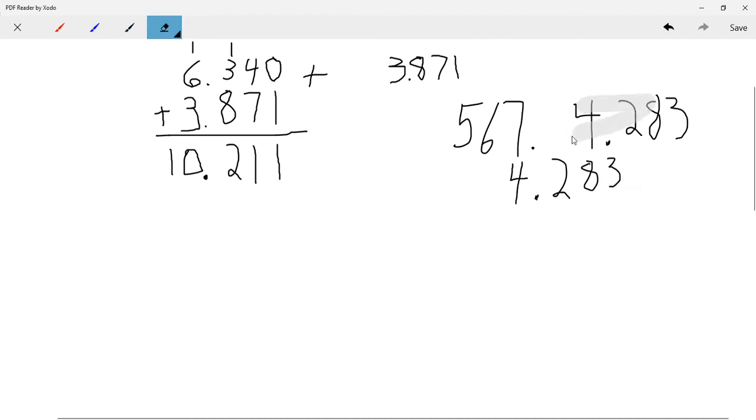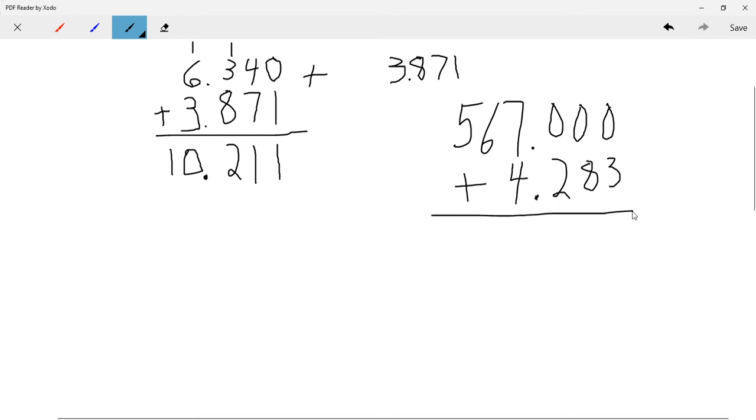I'm just going to erase this, okay, because I'm going to put these zeros here up until the thousandths, right? So it makes things neater if you just add these zeros.